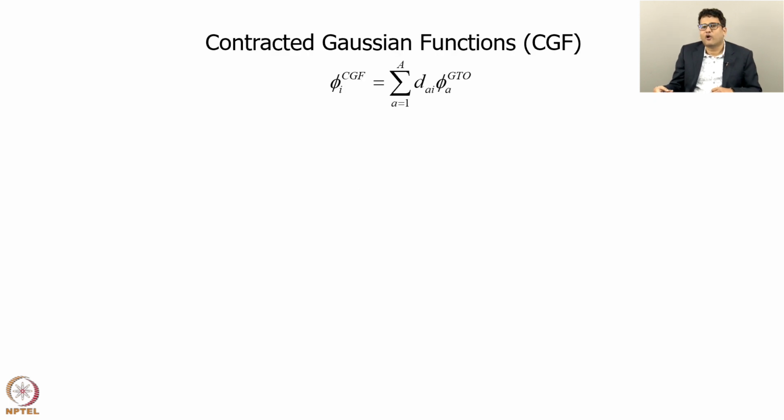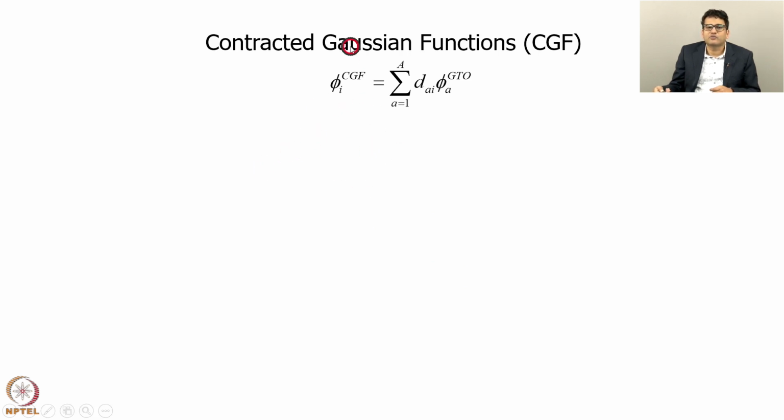Now, with this knowledge, I know that I cannot calculate in terms of Slater orbitals, and Gaussians do not give the correct behavior. So, what I will use is called contracted Gaussians. What does contracted Gaussian mean? I will take a linear combination of Gaussian type orbitals, which are GTOs, in such a way that they will mimic the Slater type orbitals.